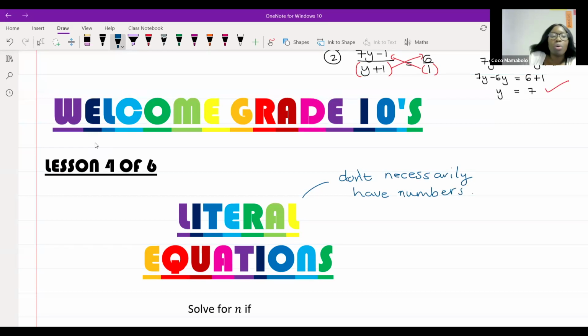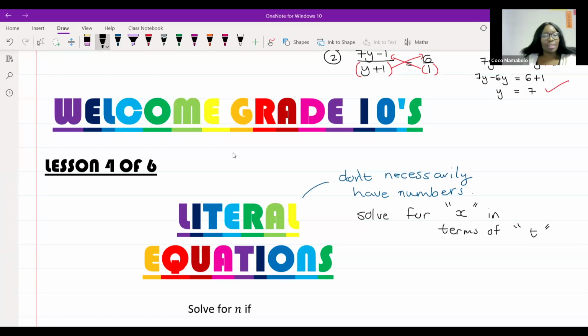Most questions for literal equations will normally say, solve for something in terms of something else. Okay, so they'll say, solve for x in terms of t.